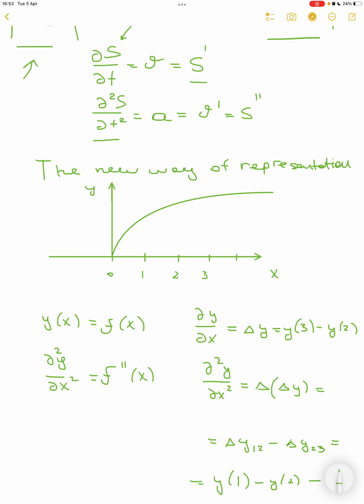Well, imagine we have some coordinate plane, where we have the x-axis and y-axis, and some numbers, and we are given some function, y of x, which equals f of x. In case we take the second order derivative, we may write it as f double prime of x.